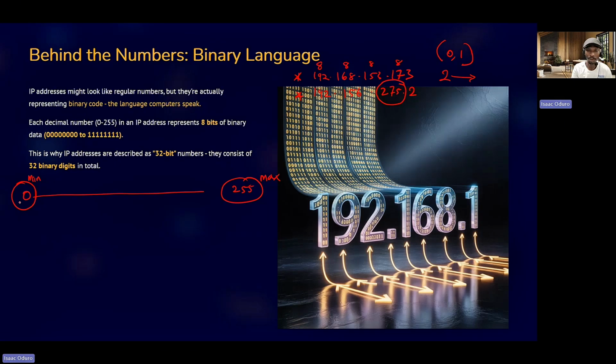The minimum part can also take 8 zeros. But since we don't use the minimum part, we normally concentrate from 1 onwards up to 255.